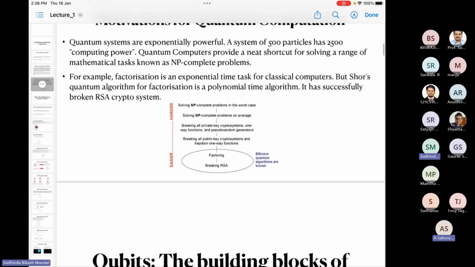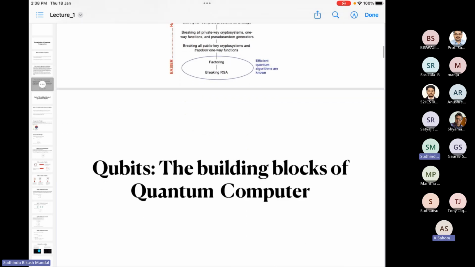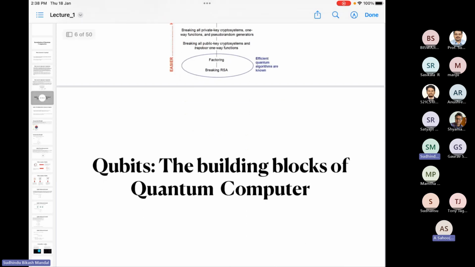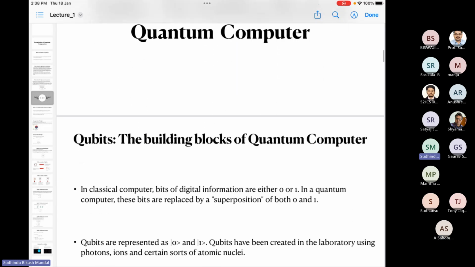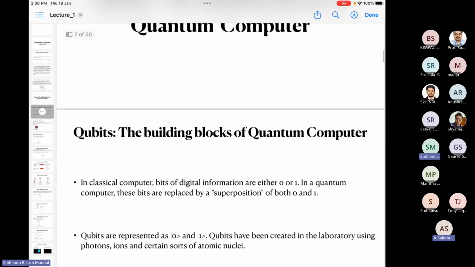equation and something. So again, it comes to what the basic building block of a quantum computer is. Again, it's the qubit. All of you know what a qubit is, but still I will try to give you some analogical idea. Suppose in our classical computing, we know the actual building block of a classical computer is the classical bit, 0 or 1.